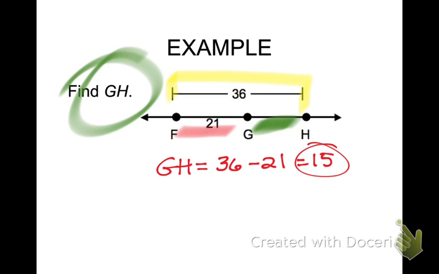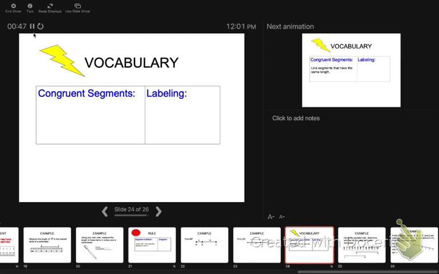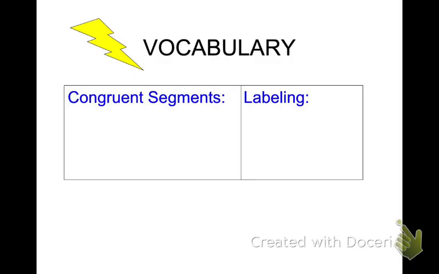Is everybody good there? Okay, we're going to pause from our notes for a second. Marley? Same or similar. The same or similar, right? Which is correct. So it's not going to be exactly quite the same because it's not going to be in the same location, but they will have the same length. So when we talk about congruent segments, we're going to talk about line segments that have the same length.